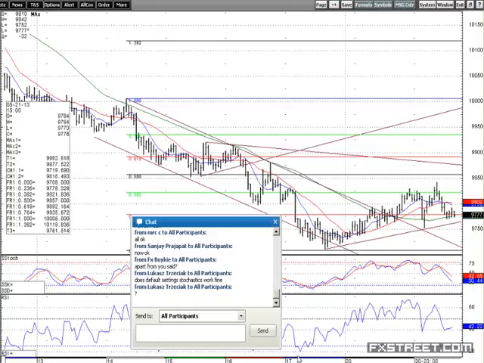You can use a fast stochastic, but the trouble with that is it's not as good as the slower one, because it's too whippy. It whips about a lot and can get you topped and tailed. You're better off looking at the longer term stochastic, and it's not that much longer to wait.